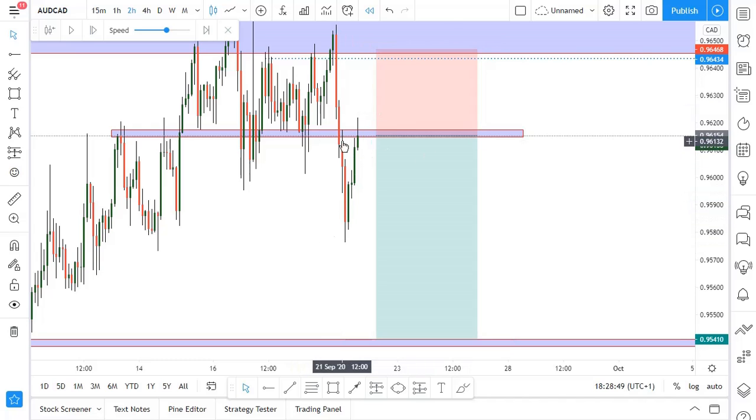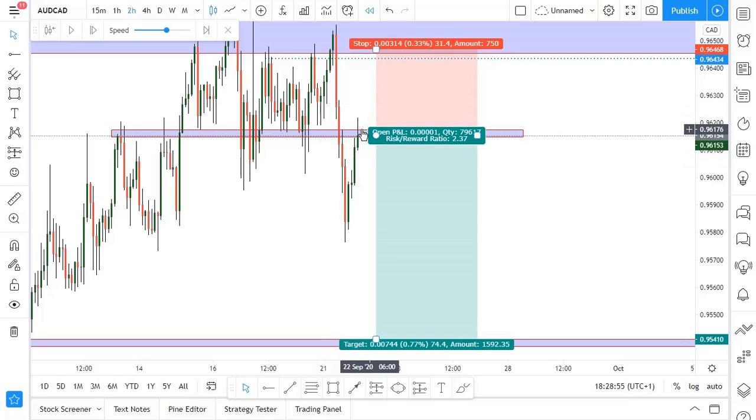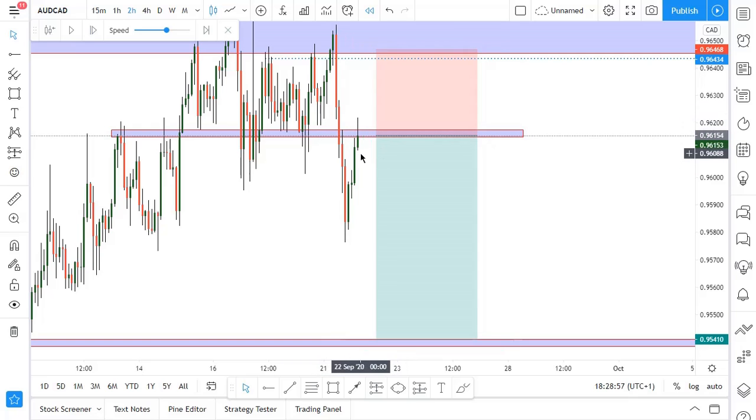Our pending order has already been triggered with this test of the previous resistance now becoming support. Previous support now becoming resistance, sorry.